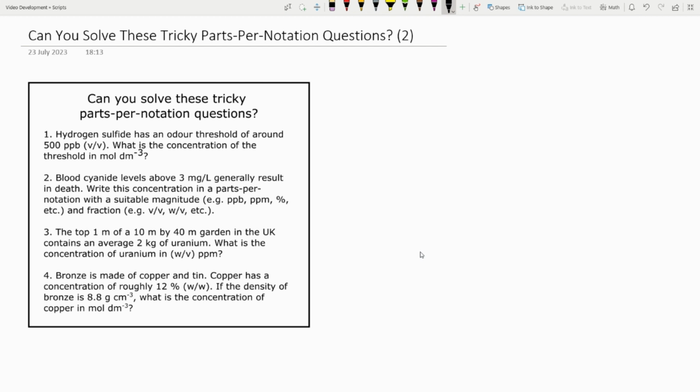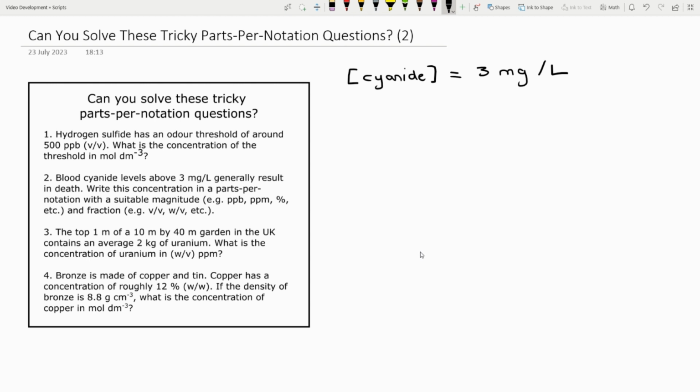Now we're told that the concentration of cyanide that generally results in death is 3 milligrams per litre. So we can write this down as follows. Now, if we look at the units of this concentration carefully, we have milligrams over litre.